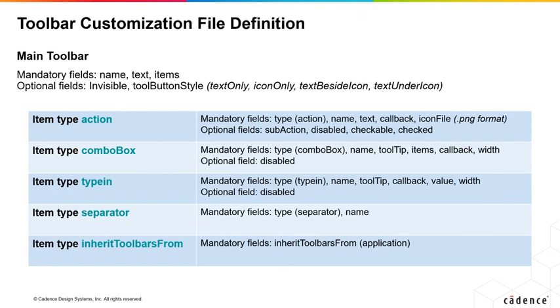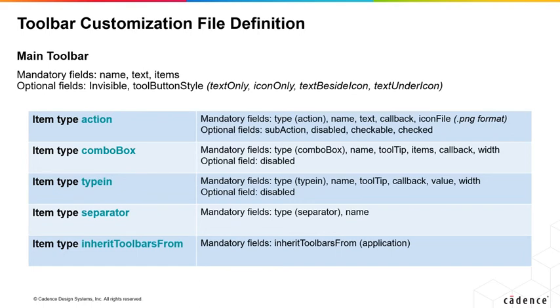Here's a summary of the different item types you can specify in a toolbar customization file. The mandatory fields are name, text, and items. There's optional fields which are invisible and tool button style. So the first one is an action field. The second one is a combo box, meaning you can either type in or select something from the field. The third one is a type in only field, where you would type a value in.